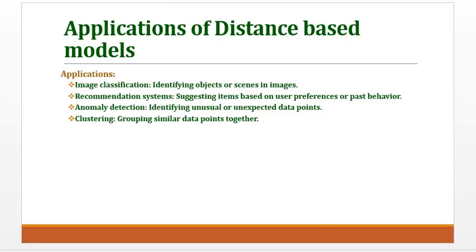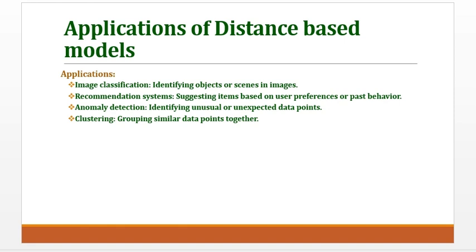One application is image recognition or image classification, where we recognize objects in images. In this, we use KNN to compare feature vectors of images with label data. An example being, you can identify whether an image is a car or a human being or a cat. Then you have recommender systems, which recommend items based on user preferences.